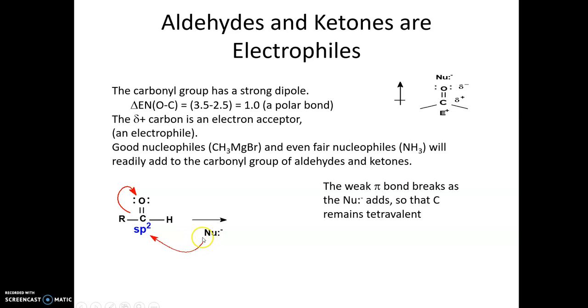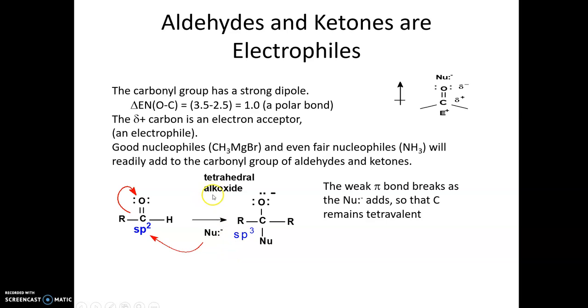As a result, during an addition or condensation reaction, a nucleophile attacks this electrophilic carbon atom, and we get an intermediate where the valency has been satisfied and the hybridization is sp3.